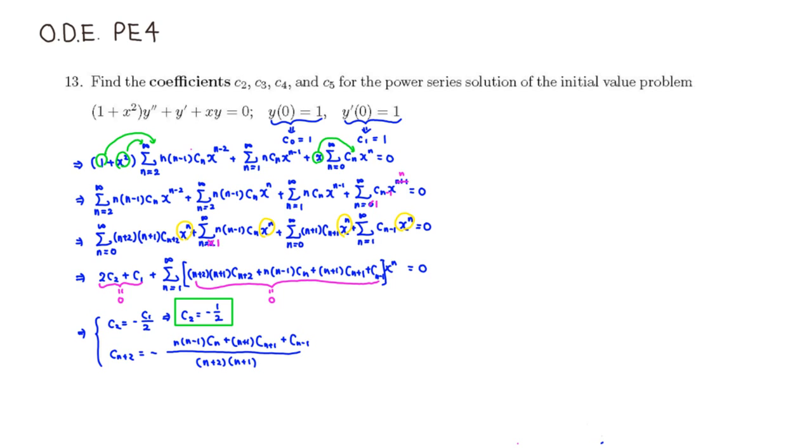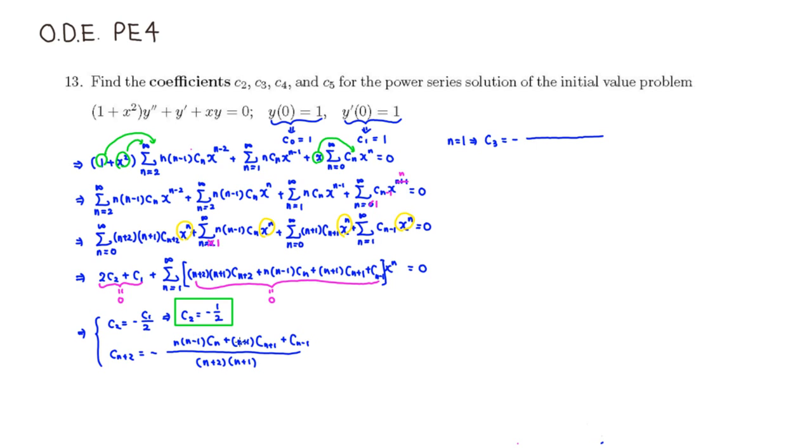In order to find C3, we just have to plug in n equals 1. So C3 is equal to negative, and when n equals 1, this first term is 0.